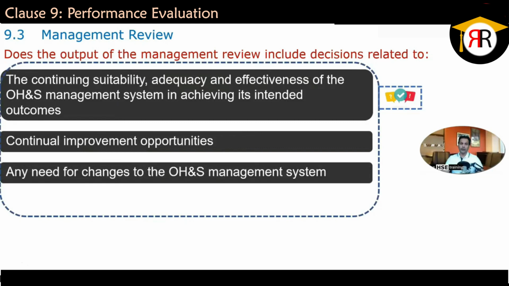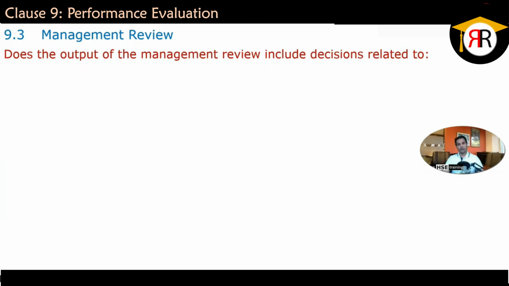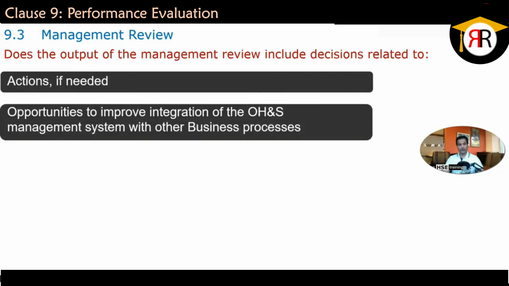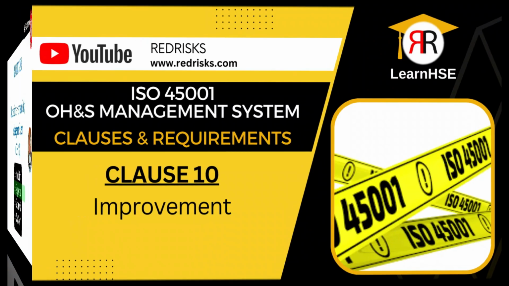It also needs to look at any need for changes to the management system and any resources that are needed. Does the output of the management review include decisions related to actions if needed, opportunities to improve the integration of the OHSMS with other business units, any strategic implications for the direction of the business?